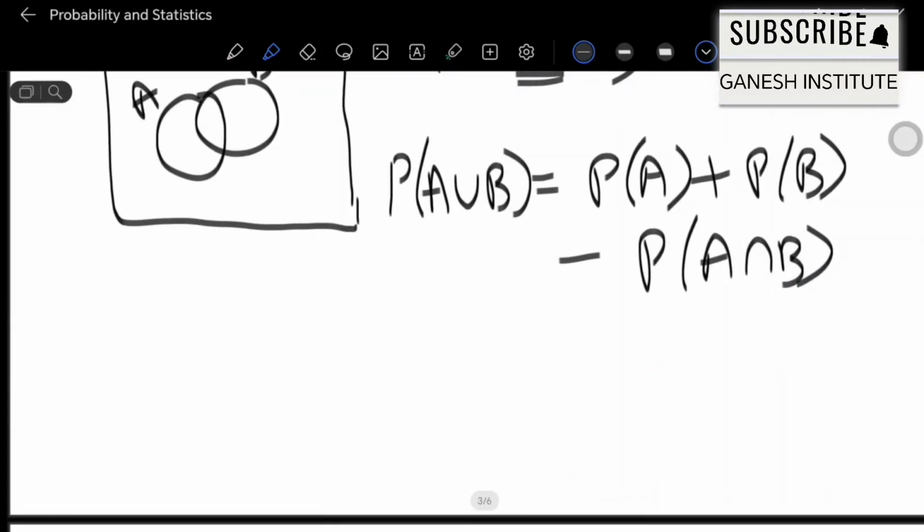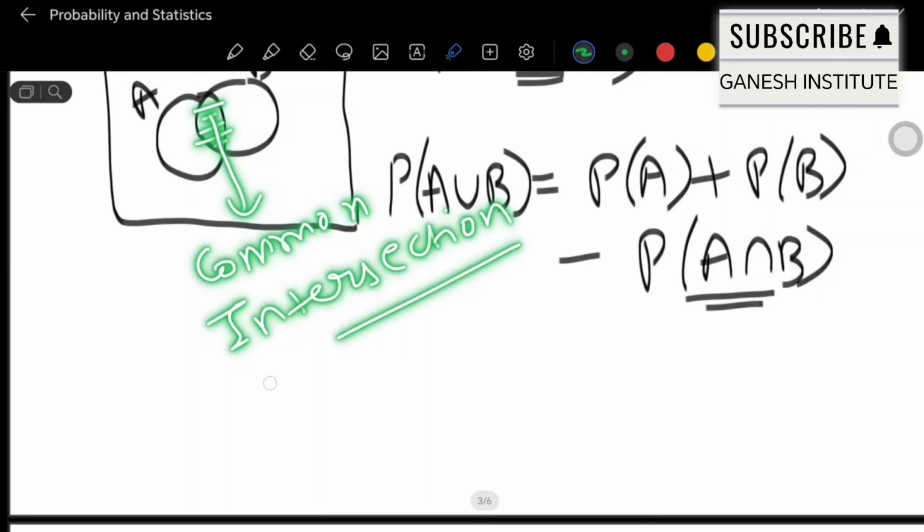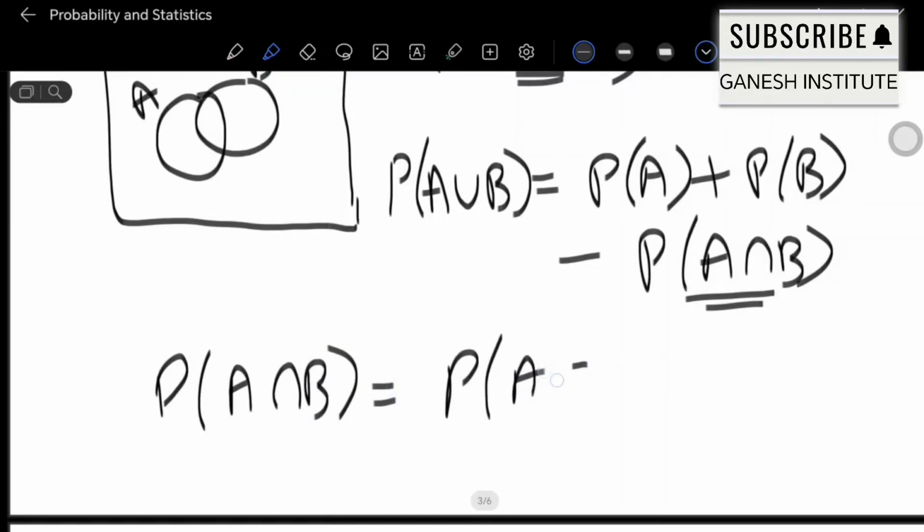Similarly, what is intersection? This common part is called the intersection, that is when both A and B are considered. So it is basically the AND operator. P(A intersection B) is called P(A and B).